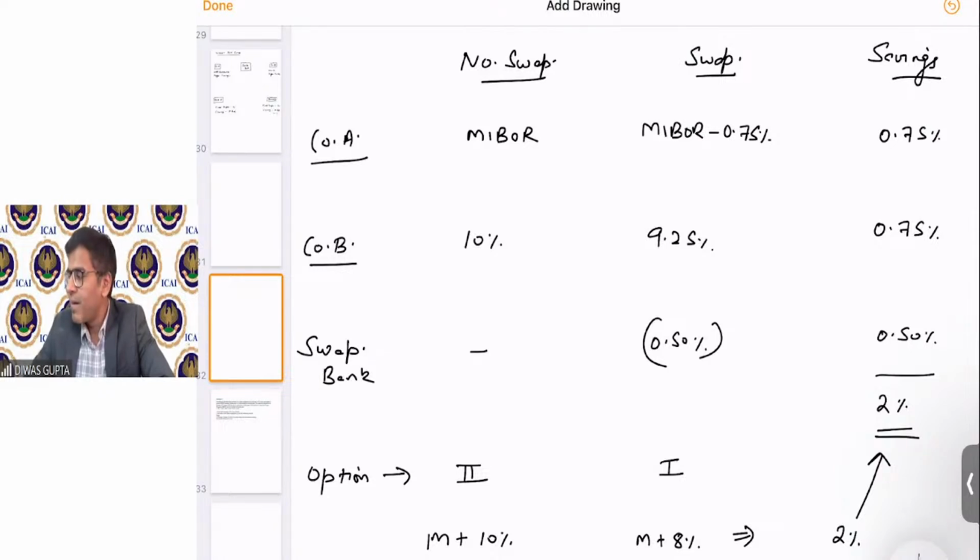Prashant is asking, sir, will the bank not demand MIBOR plus 1% from Company A, as Company B is required to pay MIBOR plus 1%? No, Prashant. See, ultimately, if they ask Company A to pay MIBOR plus 1%, then this saving of 0.75 would not have flowed to Company A. And let me tell you one thing, the overall reduction in the interest cost is happening because of Company A. Why?